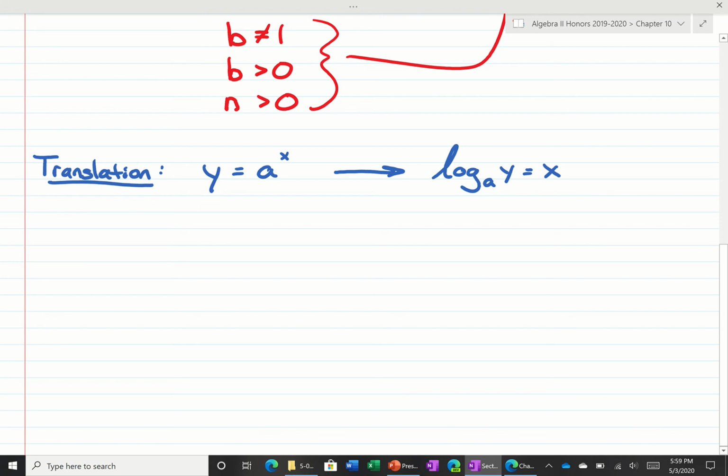It's called the translation property. One way that I think about this is you could write a to the x power and get y. So do a little crisscross like that.